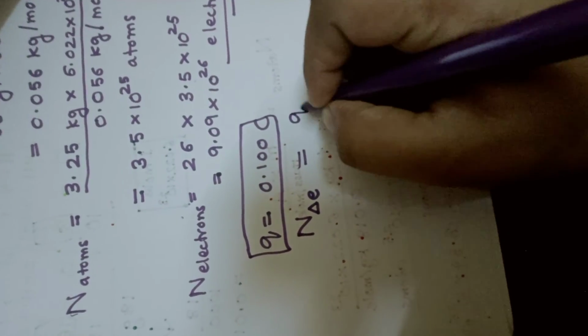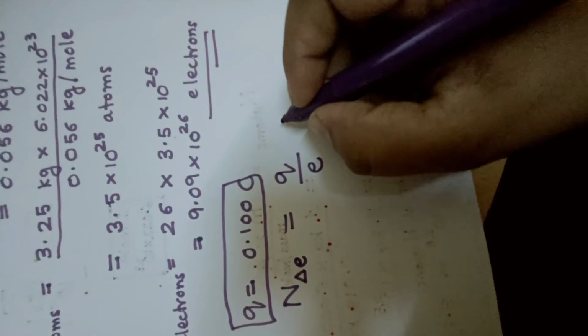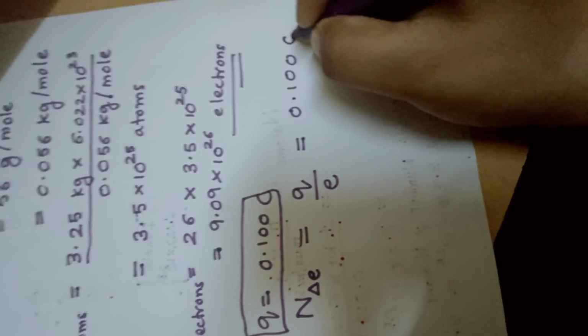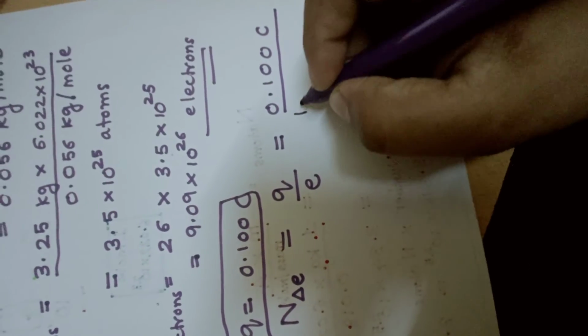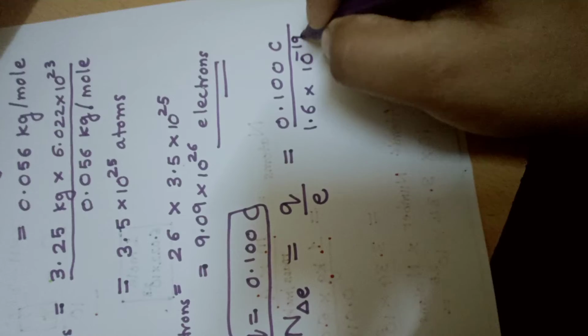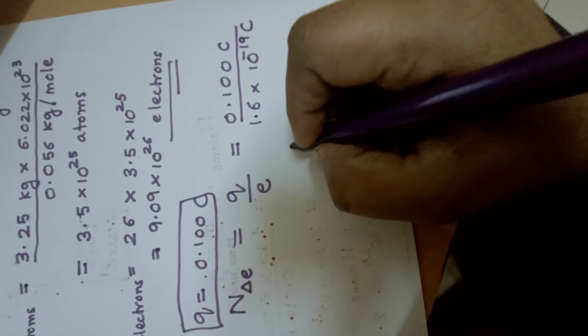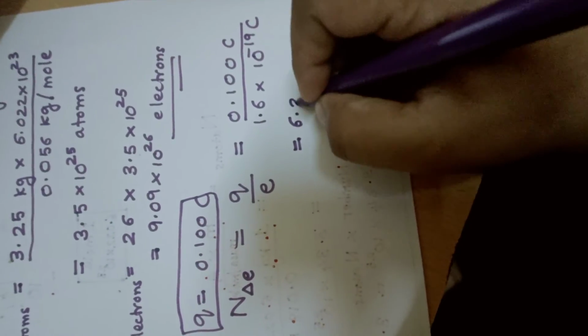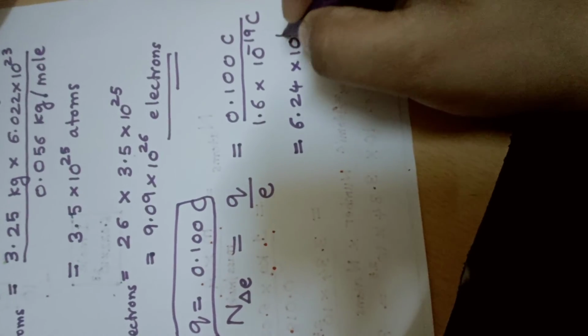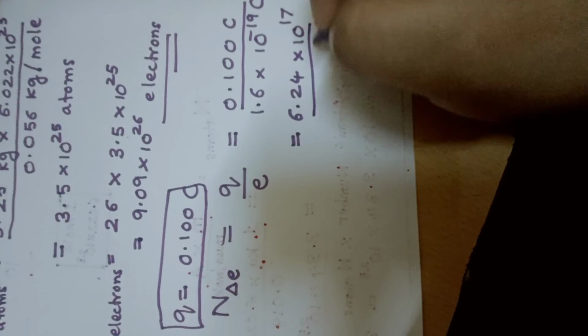So N is equal to Q over e, our first equation. So Q is 0.100 coulomb divided by the charge of electron, 1.6 times 10 to the power minus 19 coulomb. And here we will get it as 6.24 times 10 to the power 17 electrons.